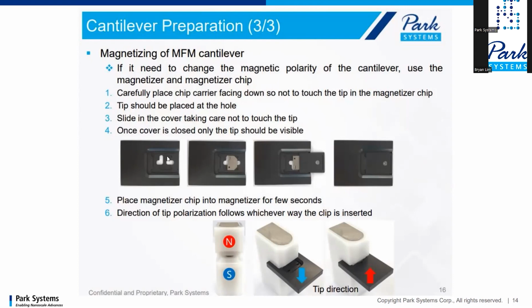You load your tip into this bracket, cover it, and insert it into this magnet. You can insert it in both directions, either tip up or tip down, and depending on the direction, you can magnetize the tip according to the direction you want.